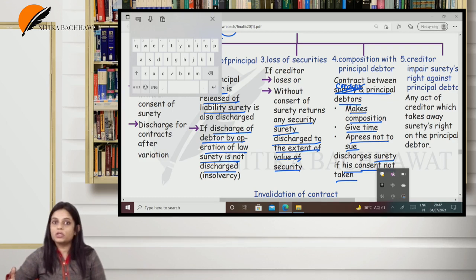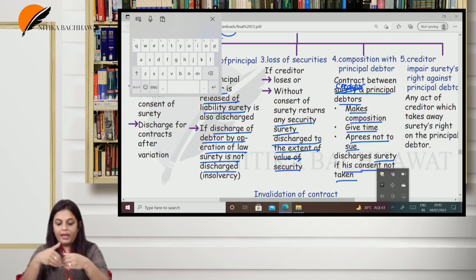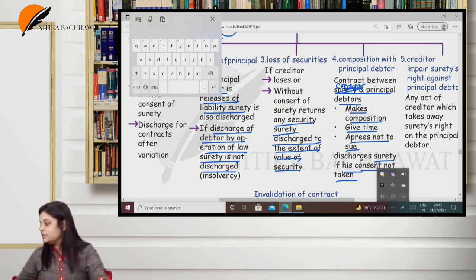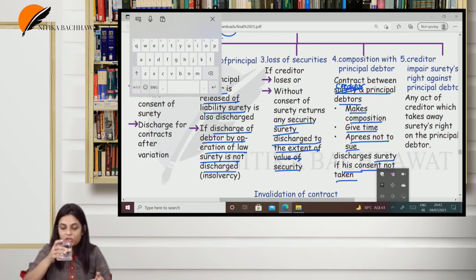This is composition, right? Should you inform the surety or not? Yes, if you don't, he is discharged. I repeat again, there is a contract between the principal debtor and the creditor that the principal debtor will pay a lesser amount in full settlement, and they do not inform the surety. The surety is discharged.